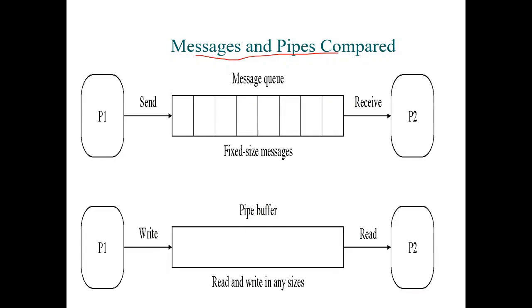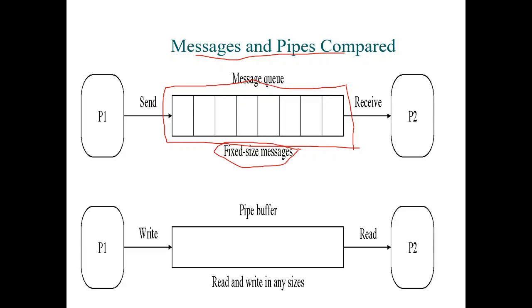Another diagram, messages and pipes compared. If you see the message passing concept which we studied in the previous session, the messages were sent through a message queue from one process to another process, and it was of fixed size.